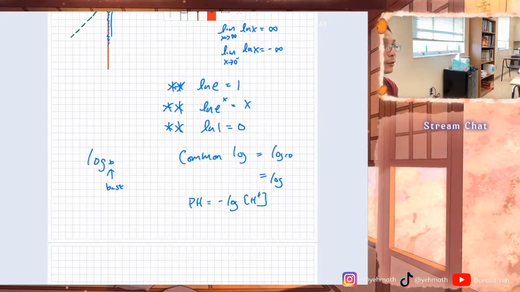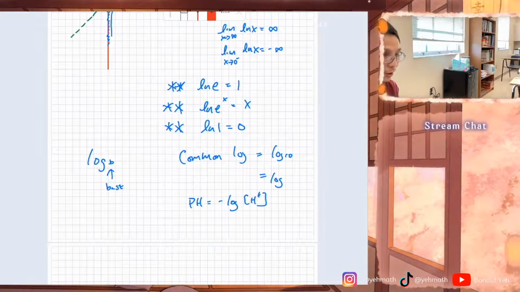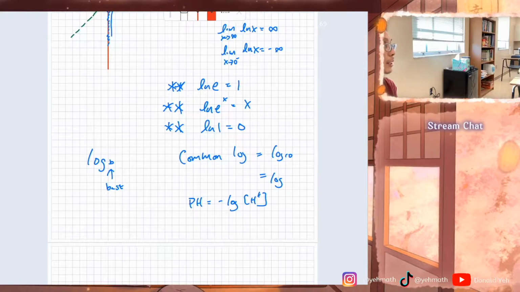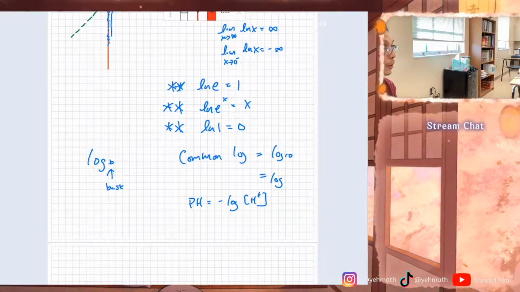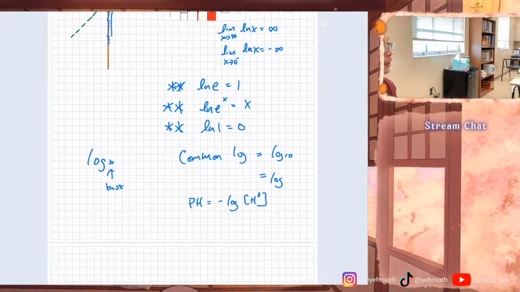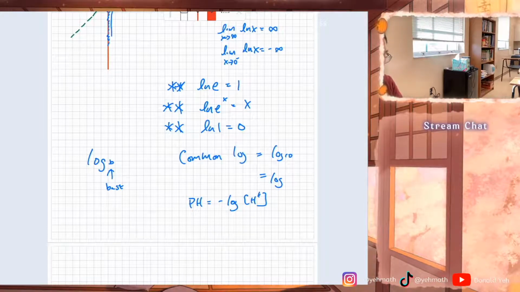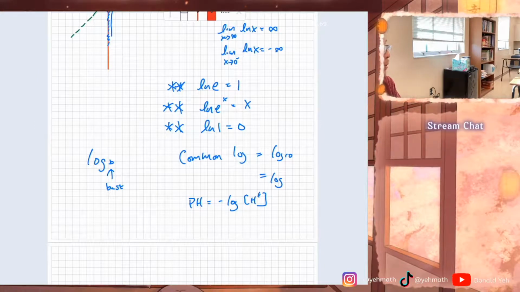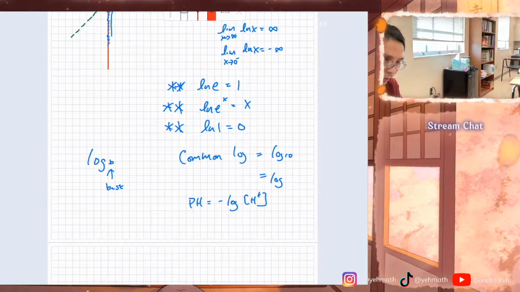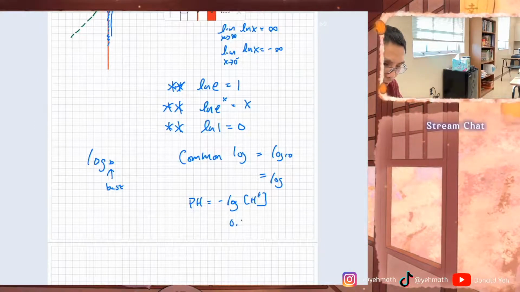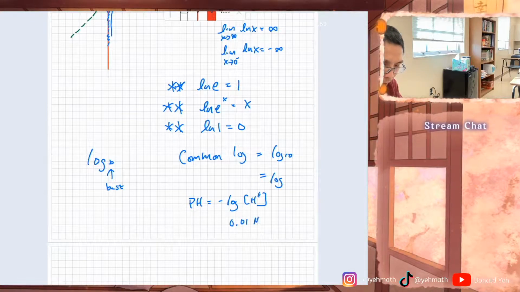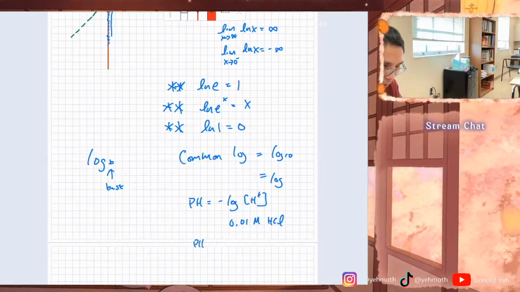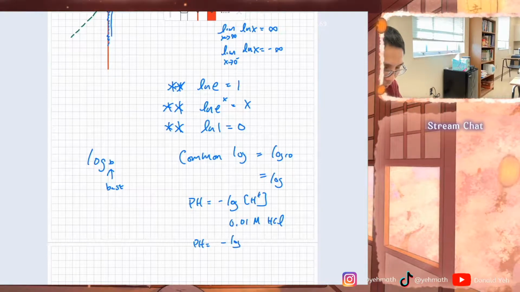Do you know this rule? You should know this because it depends on what your hydrogen ion concentration is. Let's just say you have 0.01 molar hydrochloric acid.